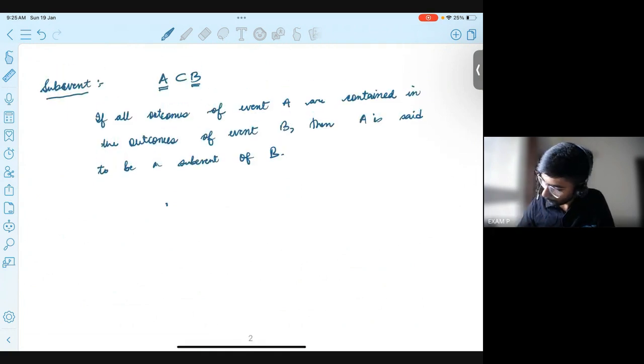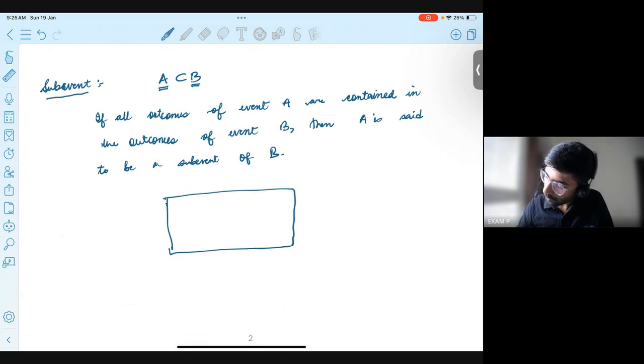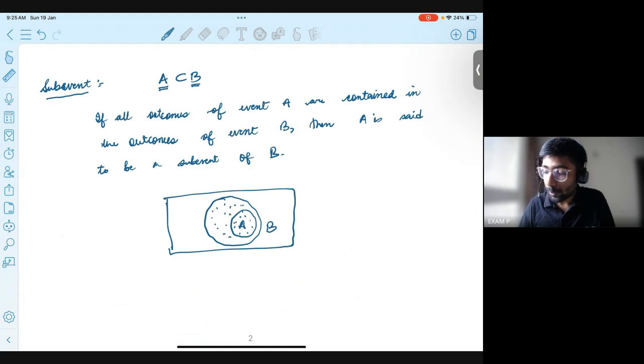If you have a sample space, again, this is your sample space. Now, if you have a bigger event called B and A is just somewhere here, if this is A, then if you see all these points, this A set will contain some points, but these all points are also inside this set B or inside this possible outcomes of event B, right?